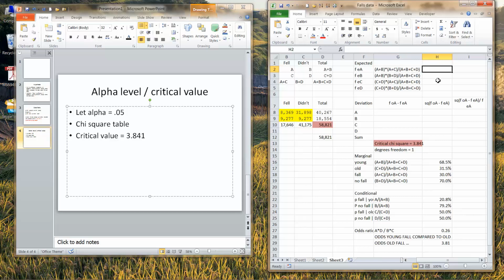And so we'll do A plus B, which is here, times A plus C, which is here, divided by our total, which is here. And so we get 12,000 for our expected value of A.